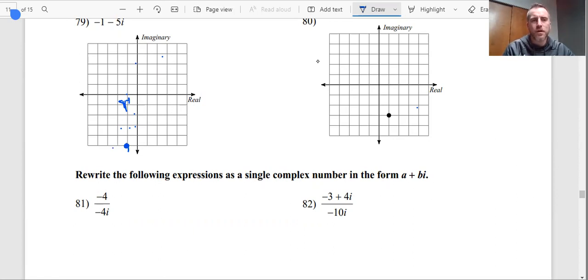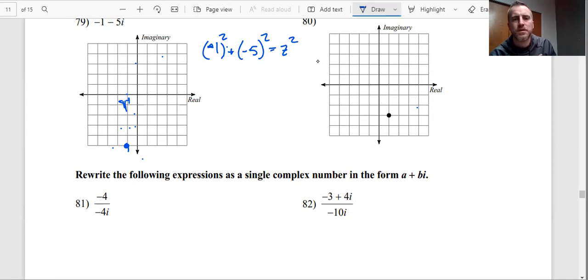And then if we want to find the modulus, we do the -1 squared plus -5 squared equals the modulus squared. 1 squared is 1, plus 5 squared is 25.